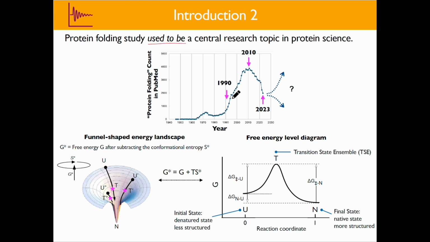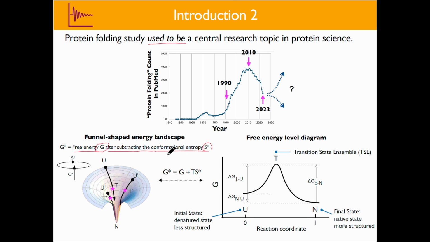In those days, a funnel-shaped energy landscape idea was presented. This is an energy landscape, and the vertical axis is free energy, which is energy after subtracting the conformational entropy S star.